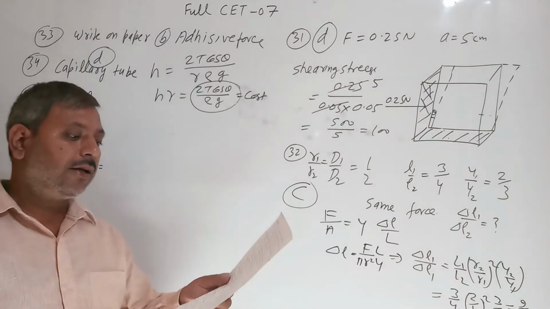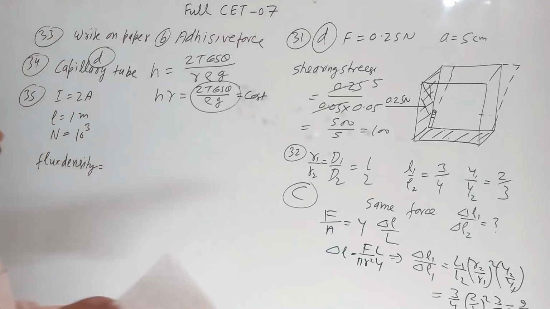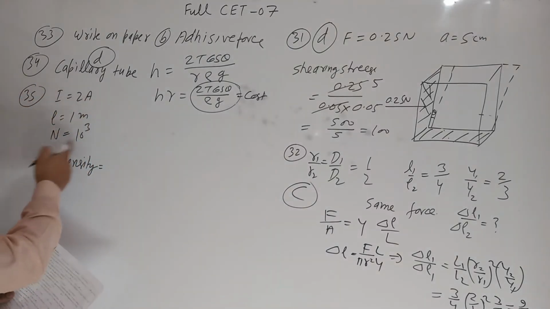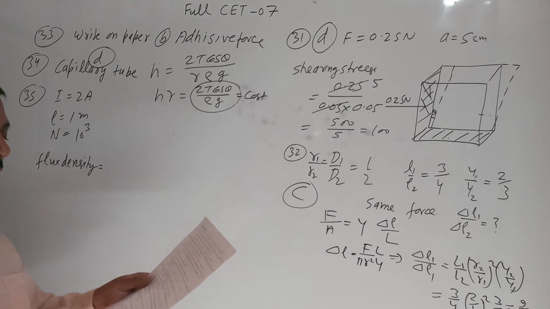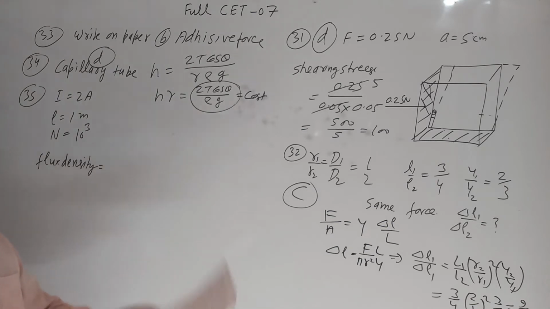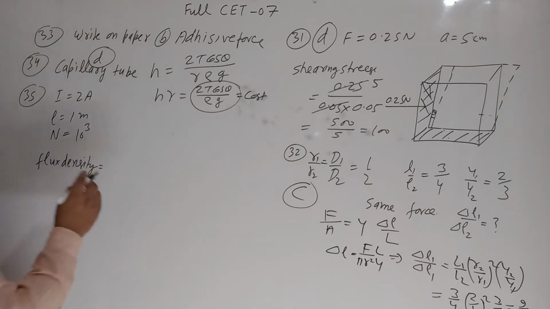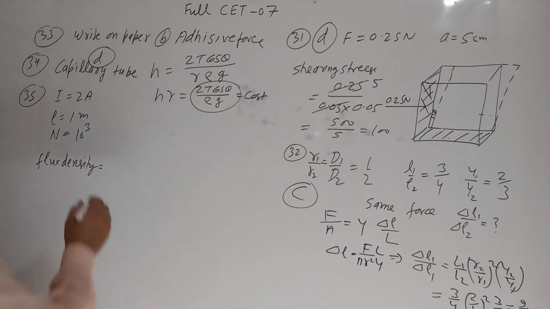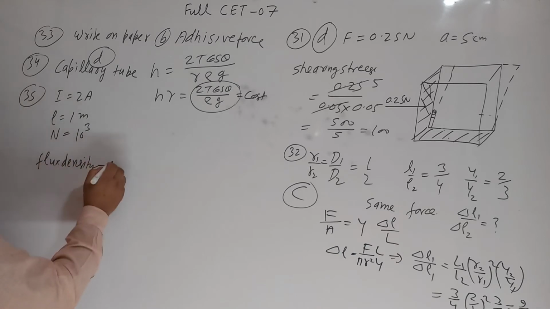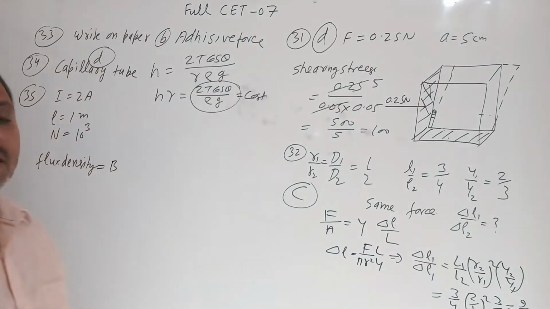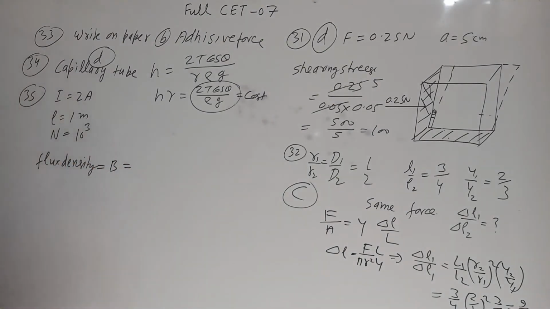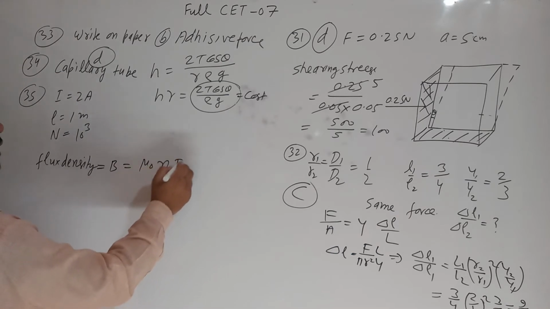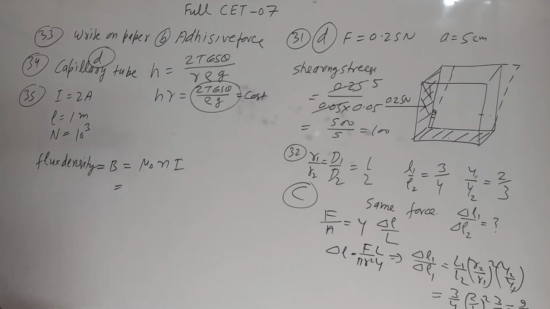Question 35. A solenoid with a core, the current is 2 ampere, length is L, number of turns is 10 raised to 3. Find the flux density inside the solenoid. Flux density means flux upon area, phi upon A, that is magnetic field induction B. So B is equal to what? Mu naught N i.